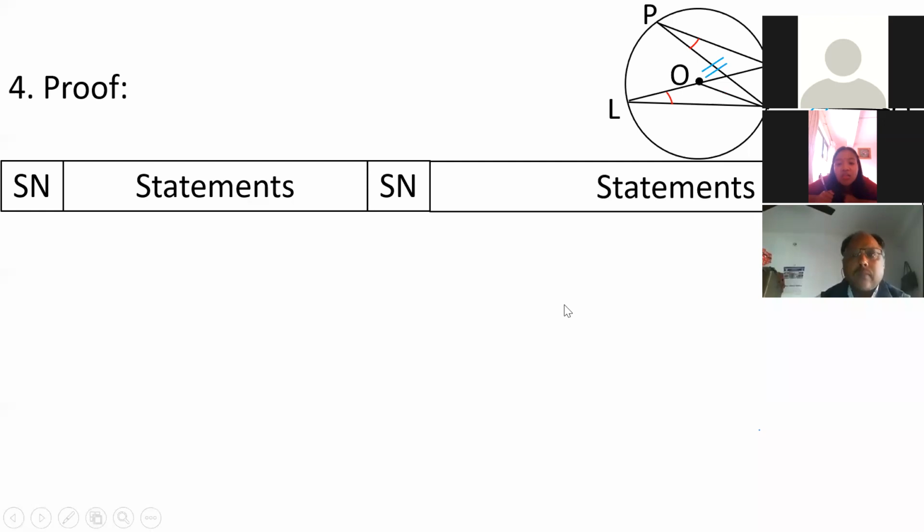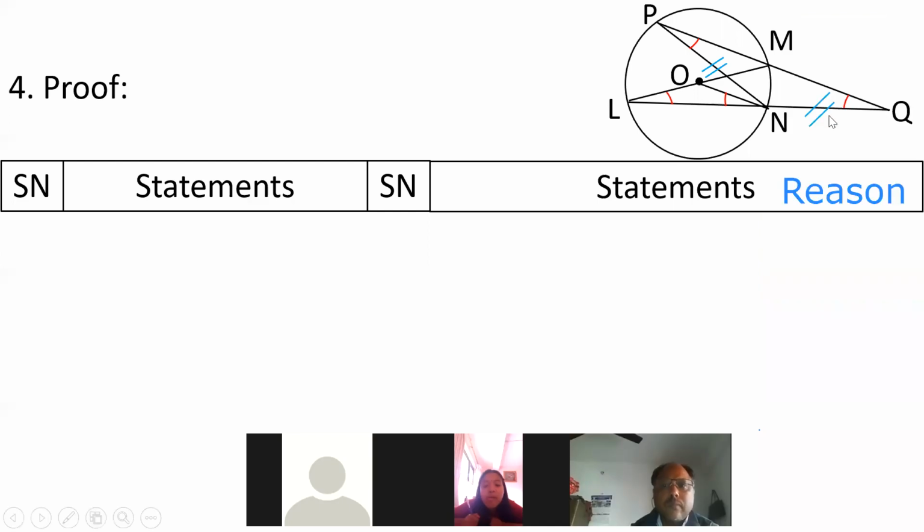Have you seen here? These two are also equal, isn't it? Now, have you seen here? I have taken this angle OLN. Why are these two equal?